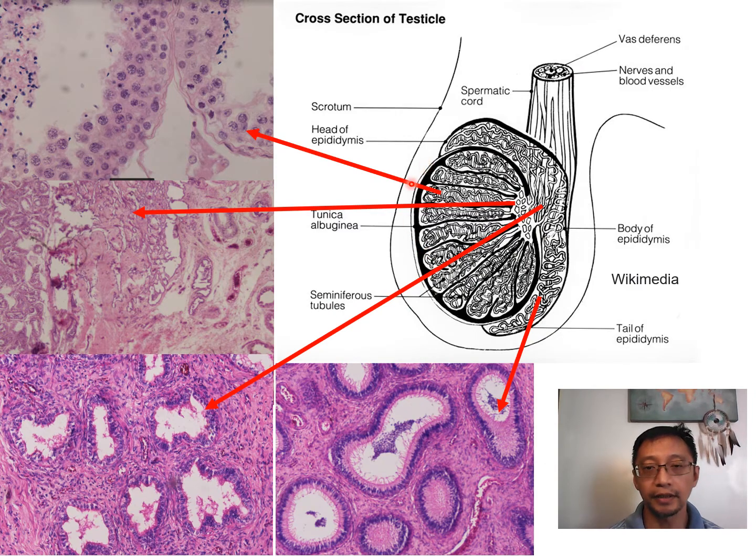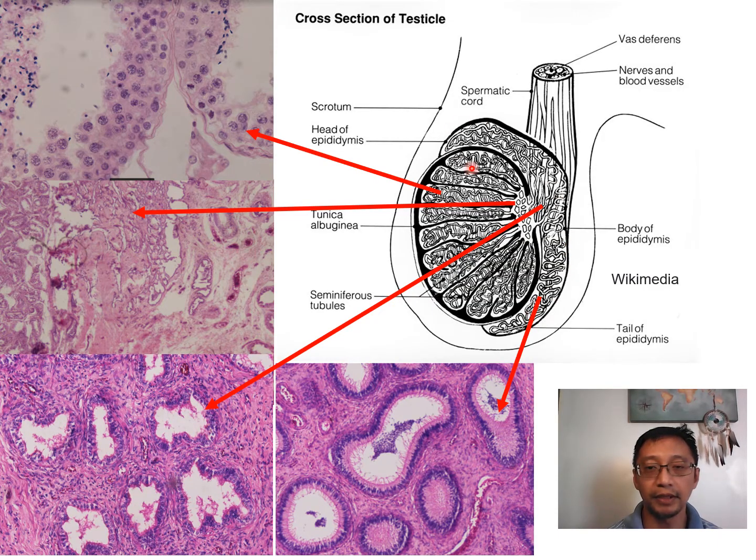The testis is encapsulated by a thick fibrous tissue, your tunica albuginea, and inside the testis you have several testicular lobes. In these lobes you have your seminiferous tubules. The seminiferous tubules will drain into the mediastinum testis, and in your mediastinum testis you have your rete testis, and your rete testis now will drain into your efferent ducts, and the efferent ducts will now store the spermatozoa temporarily in your epididymis.